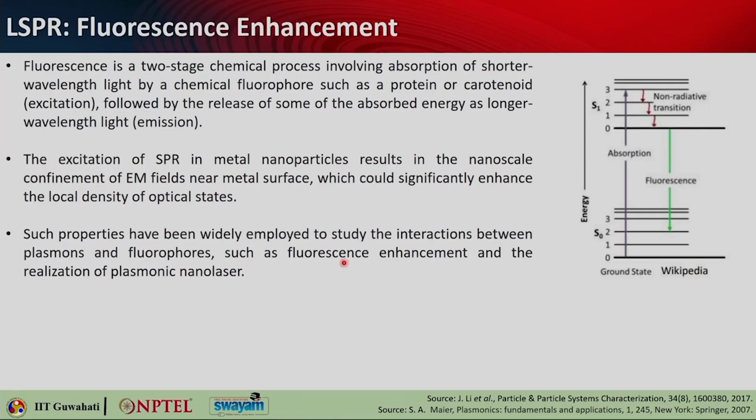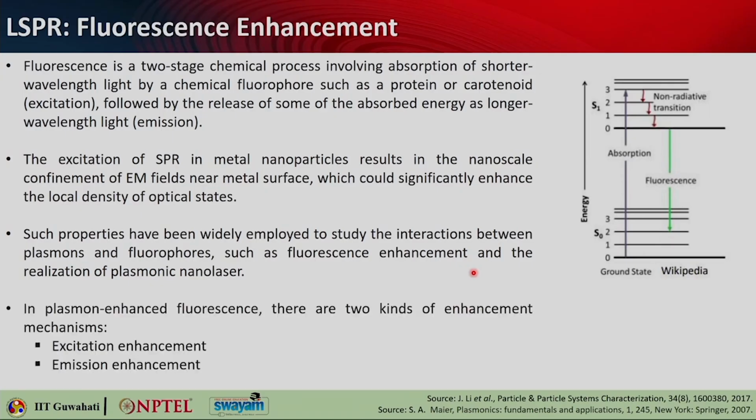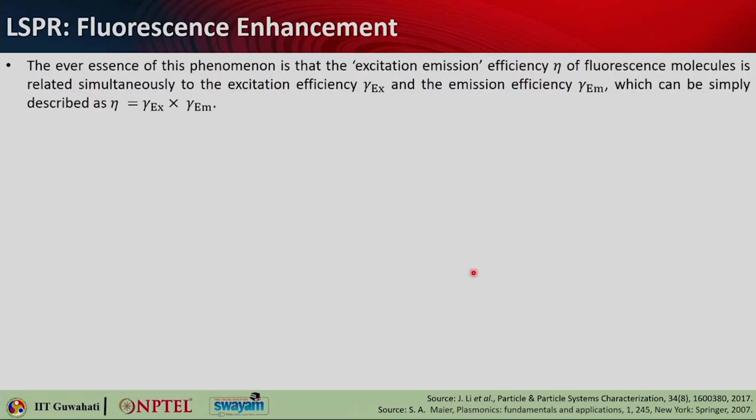Such properties are widely employed to study the interaction between plasmons and fluorophores, such as fluorescence enhancement and the realization of the plasmonic nanolaser. In plasmon-enhanced fluorescence, there are two kinds of important enhancement mechanism. One is excitation enhancement, another is emission enhancement. So, how does it work?